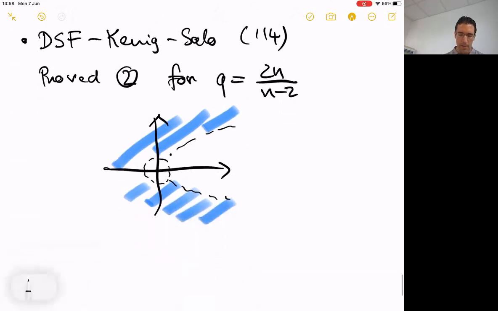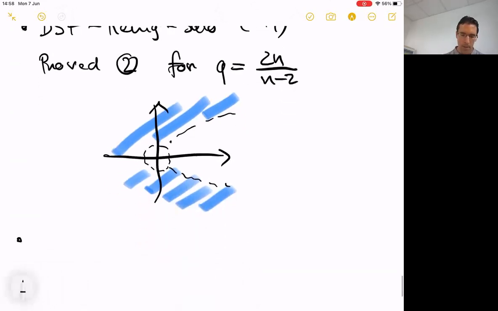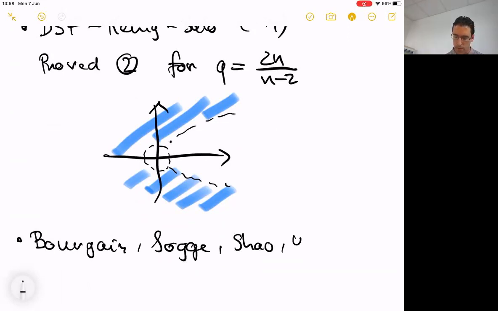And just a bit later, in 2015, Bourgain, Shao, Sogge, and Yau confirmed that this is actually sharp, and they gave a different proof.